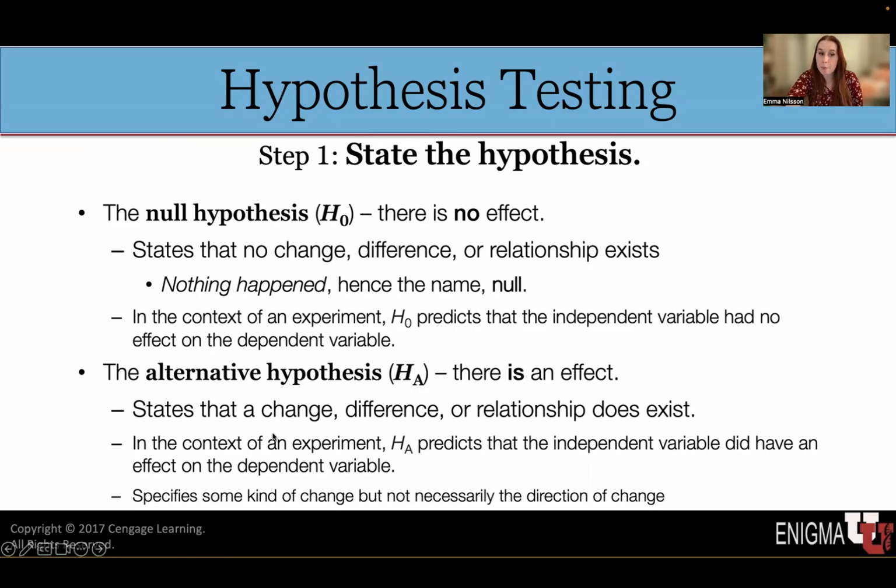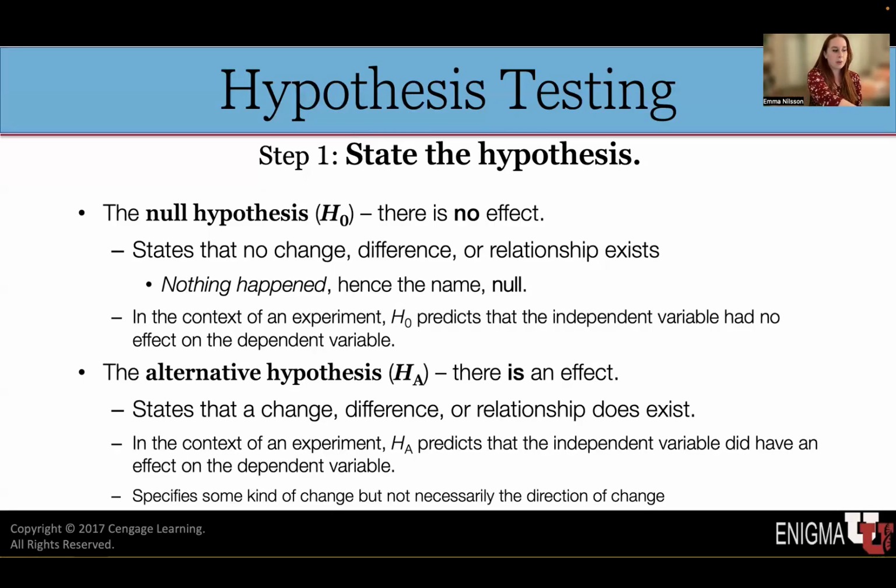And the alternative hypothesis, on the other hand, states that there is an effect, that there was some change, difference, or relationship that exists because of the treatment that we administered. Note that the alternative hypothesis here states that there was some kind of change, but it doesn't necessarily tell us what direction that change is in, positive or negative.